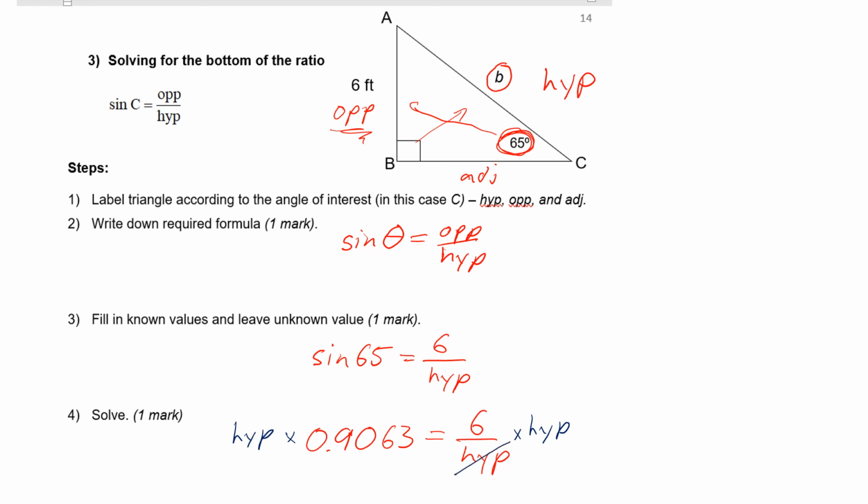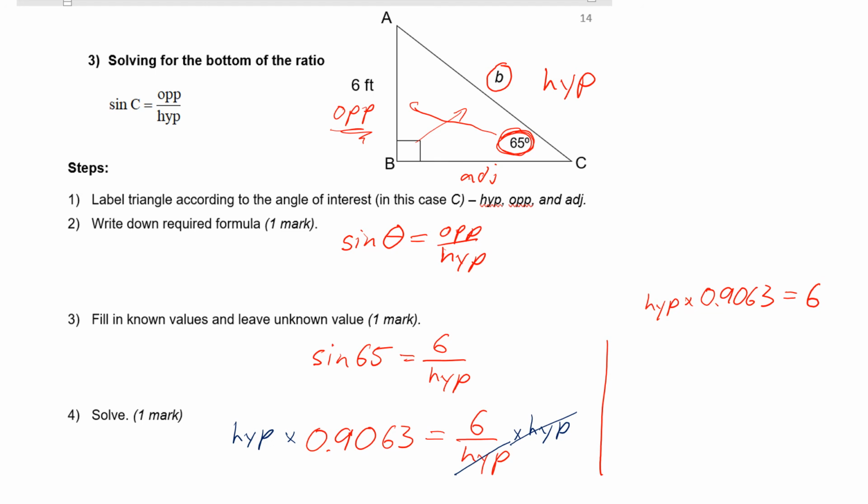That cancels out this hypotenuse, and then I'm left with the hypotenuse times 0.9063, and that equals 6.